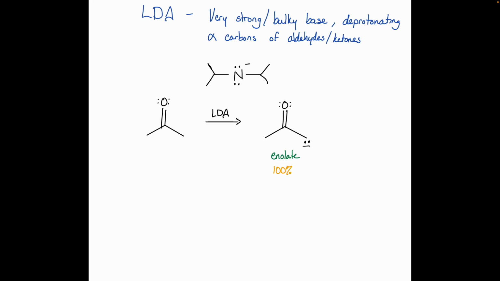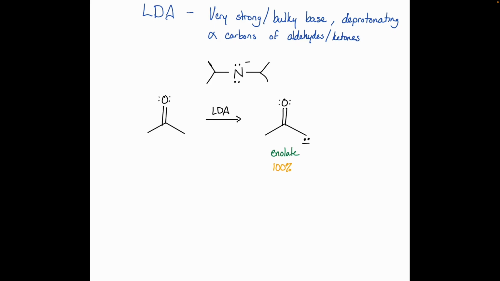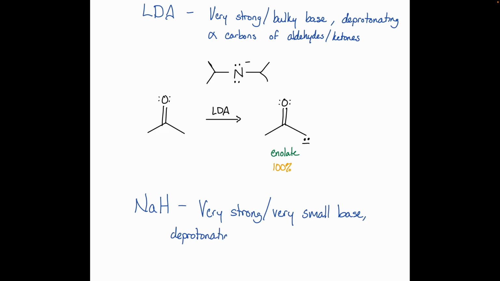There's another one that we've seen before and we're going to reintroduce here, sodium hydride. This is also a very strong but very small base and is also capable of deprotonating alpha carbons.